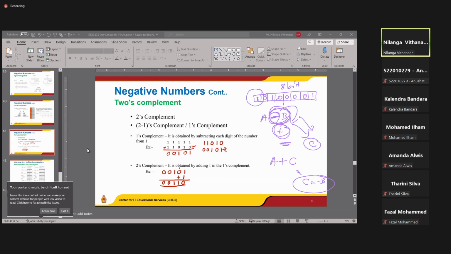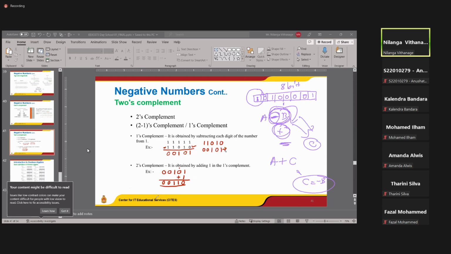That is why the inventors created this type of method. That is not the only method, but this Two's complement method is used in several types of computer models. Even in nowadays computers, they use Two's complement values. Even though it is difficult for us, it is easy to compute.